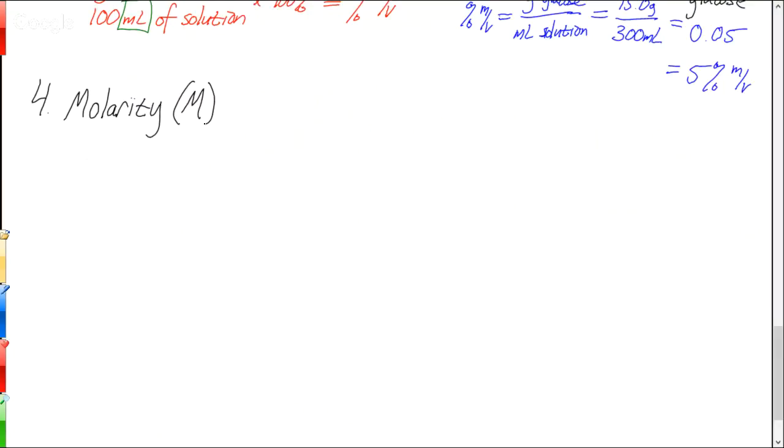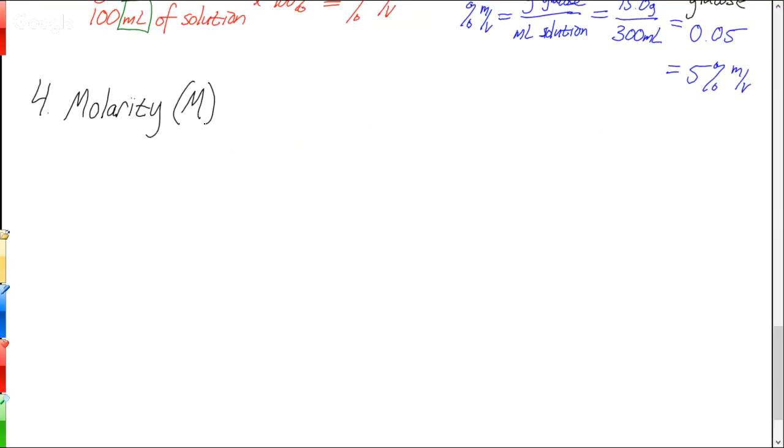Molarity is a different type of concentration, just like moles is a different way of accounting for what you have. The other three were all about mass. We're all about grams, how much of something you have in mass. But sometimes you don't want to know the mass, you want to know the count. How many of these things do you have? That's why we use moles in the first place when we talked about chemical reactions. When you want to count things, you need moles. Same thing with solutions.